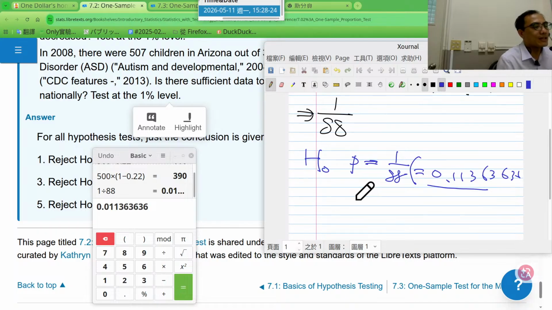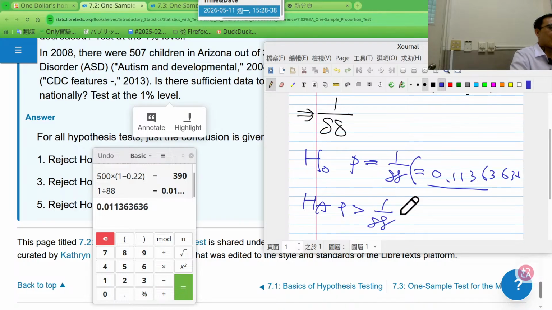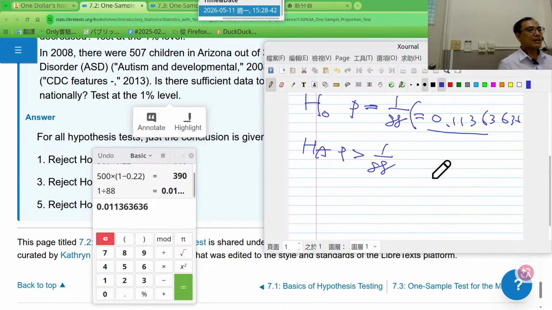Then we can calculate this. And how about the alternative hypothesis? The proportion of children in Arizona is greater than 1 over 88. And now we can check.